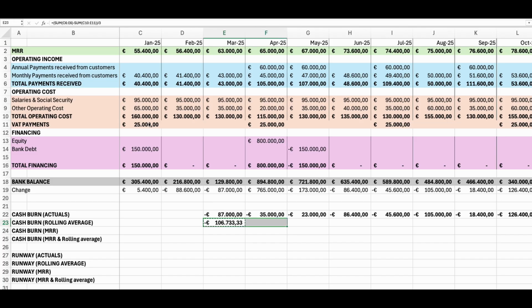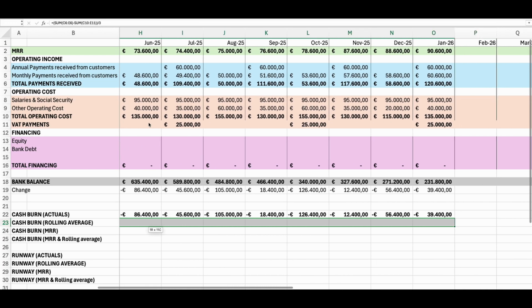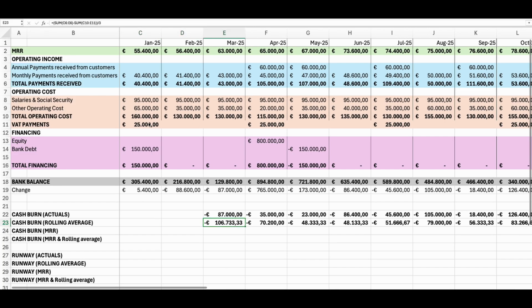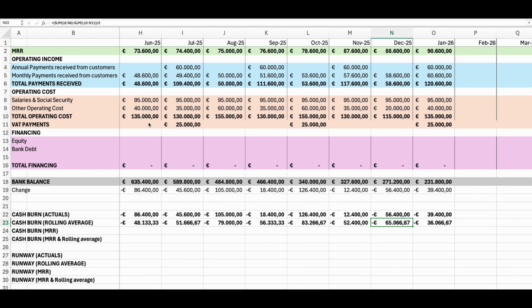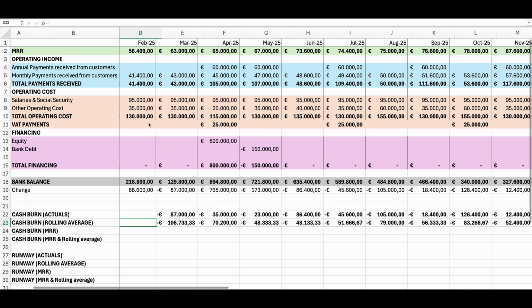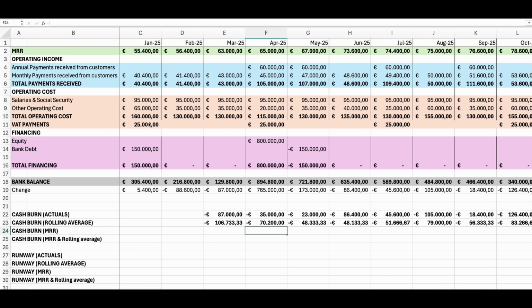So we're getting a bit of a smoothed out cash burn. And let's take a look here. This still remains a little volatile, but it's significantly better than the previous line. So we see that 40, 50K, 60K, but it doesn't jump around as much as line 22 does.